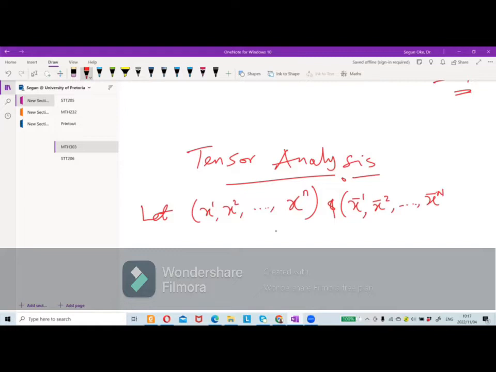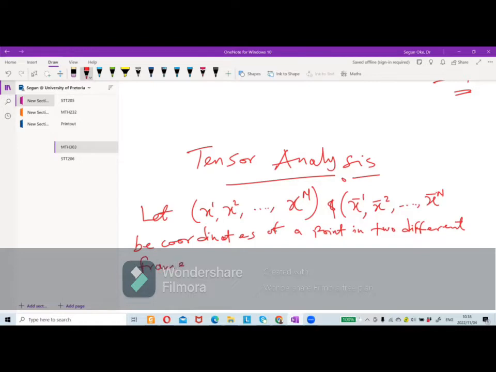Let me use this capital N to be the coordinates of a point in two different frames of reference.